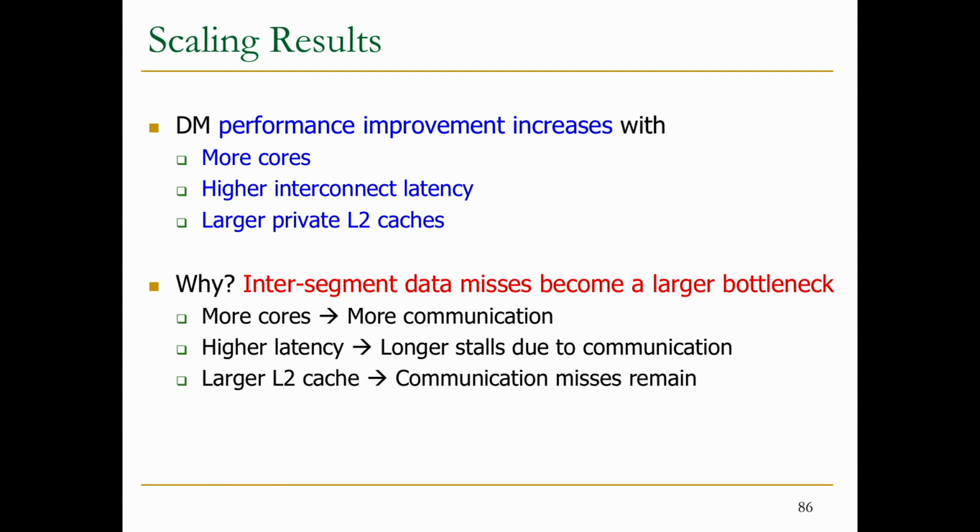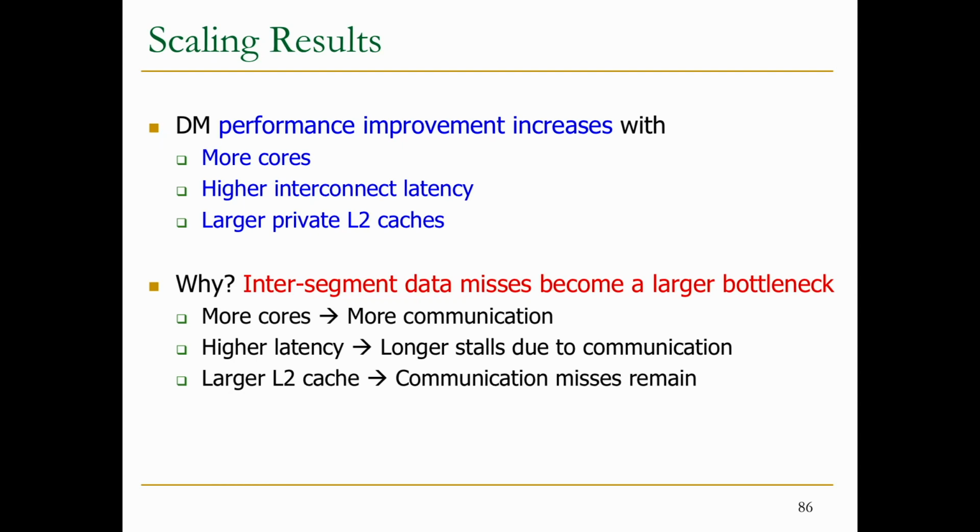And this is the last one over here, which I kind of alluded to. If you have a larger L2 cache, it will not benefit you with this sort of misses, right? With these inter-segment data misses, you can make your L2 cache infinite, you will still get these inter-segment misses. Because they're not really cache misses. They're really misses that you get because they're not communicated to you in time from some other core.